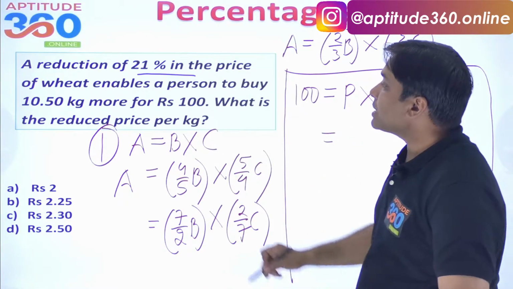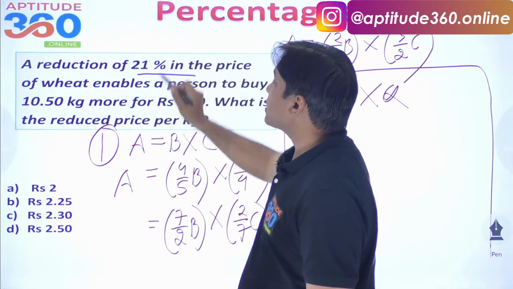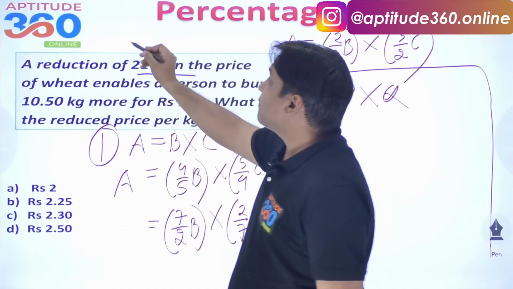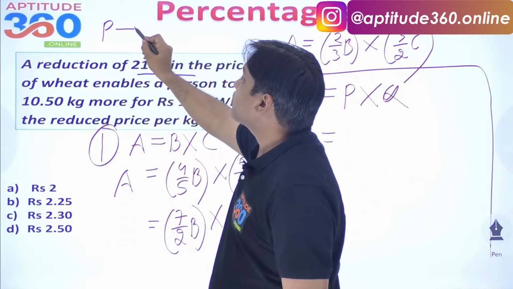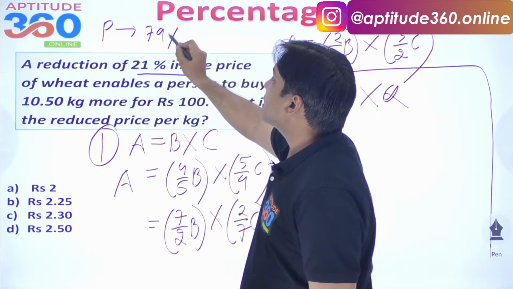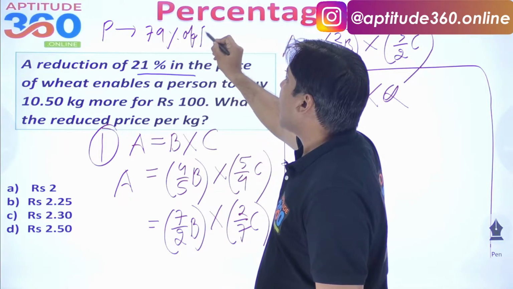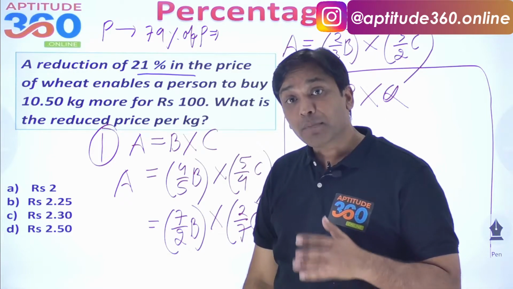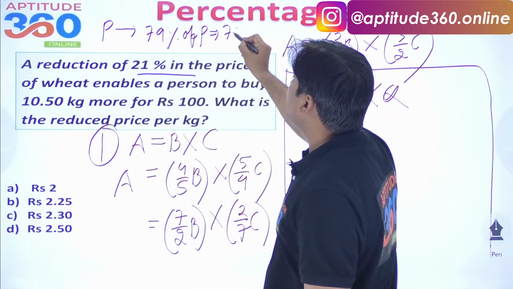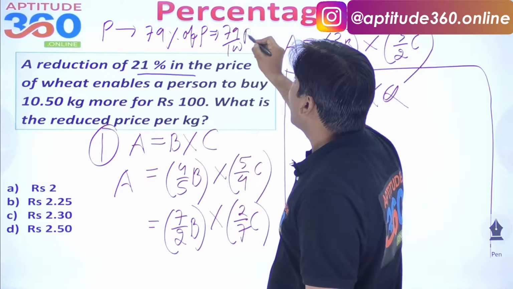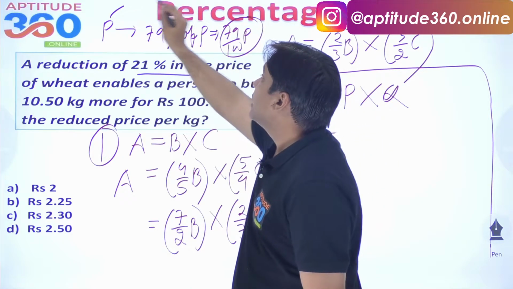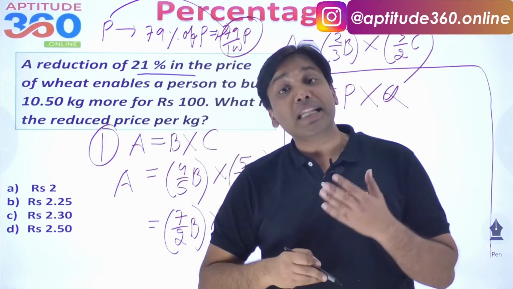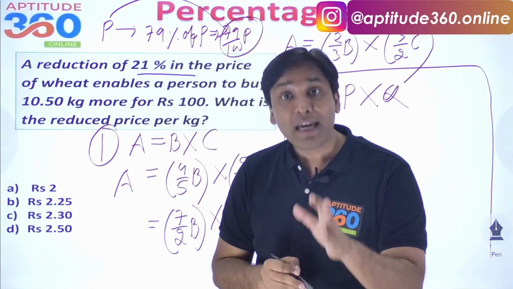Now price is reducing over here. 21% is reduction. If price is reducing by 21%, don't you think this is going to be 79% of P? And what is going to be the multiplying factor then? The multiplying factor over here will be 79/100 P. अब P पहले था P, अब कितना हो गया? ये बदल के हो गया 79/100.